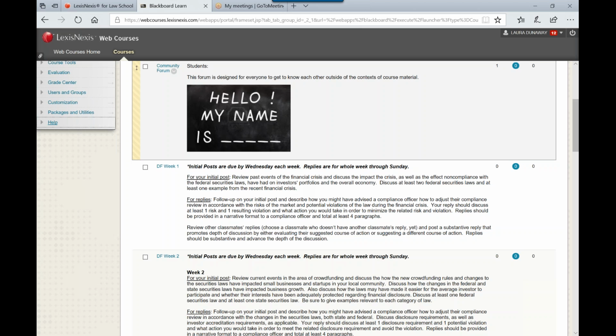Your first reply or main reply should be in a narrative format, for example, here to a compliance officer. So again, make sure that you're reading and following the directions, at least 4 paragraphs. And then in addition to that reply, you also need to make at least 1 comment on another student's post.